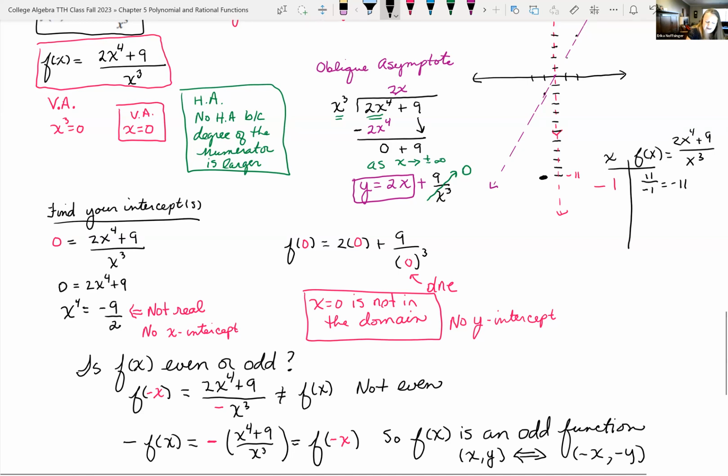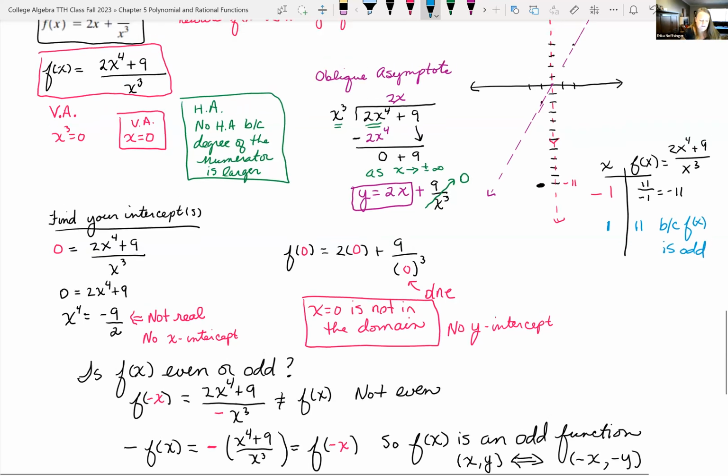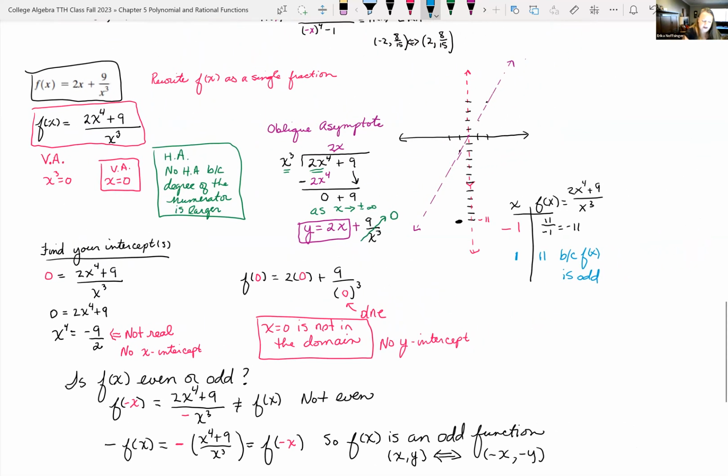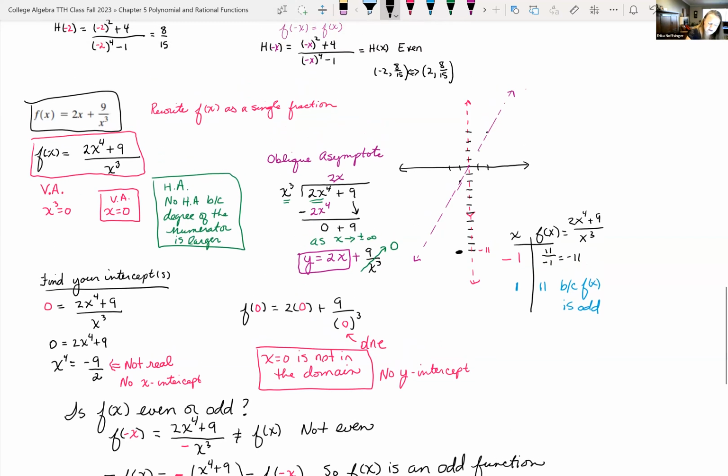I have a point right in here, which tells me then, because of the odd function, that 1, 11 must also be a point. So I know I also have a point up here at 1, 11.